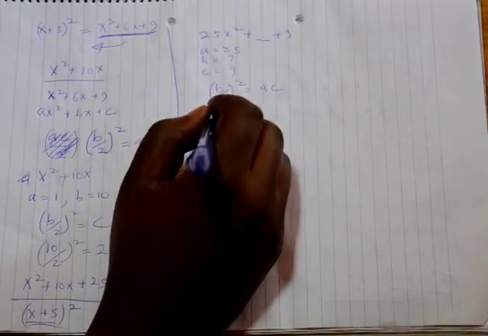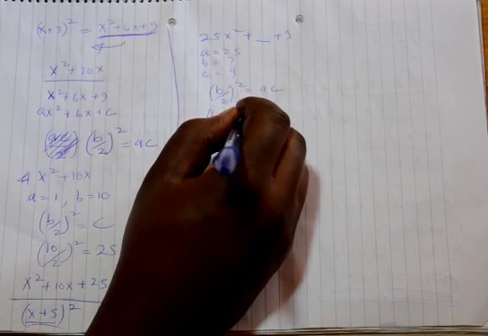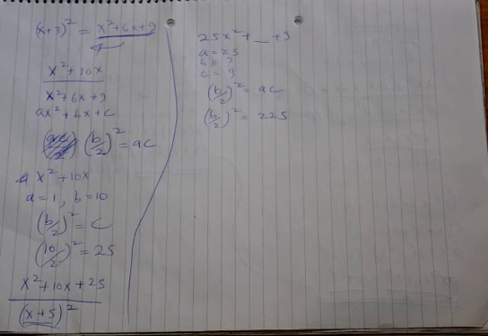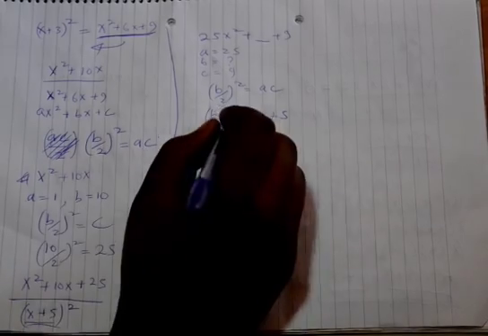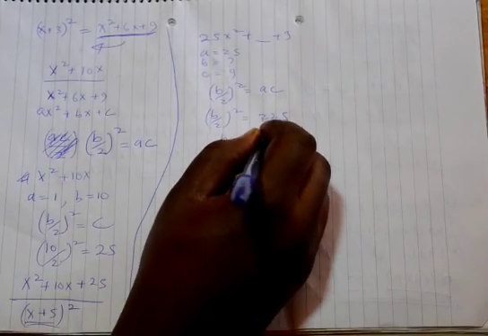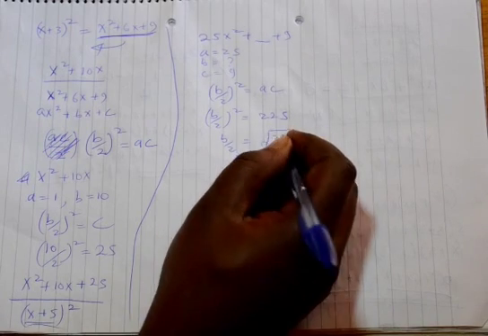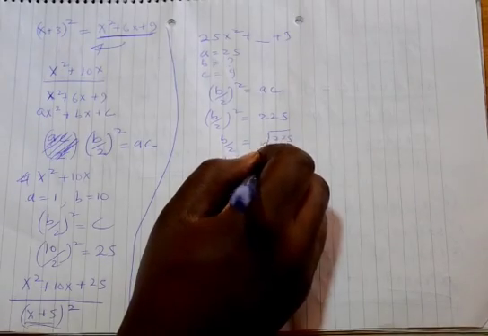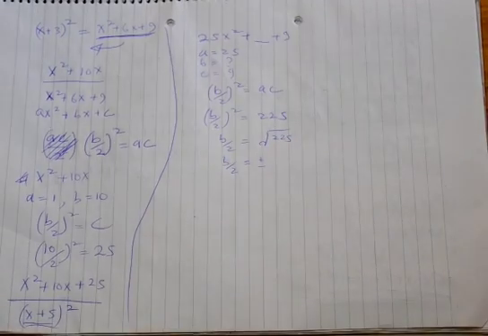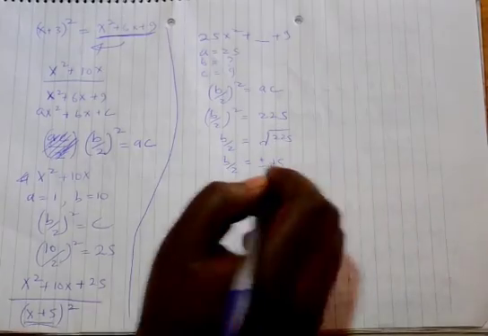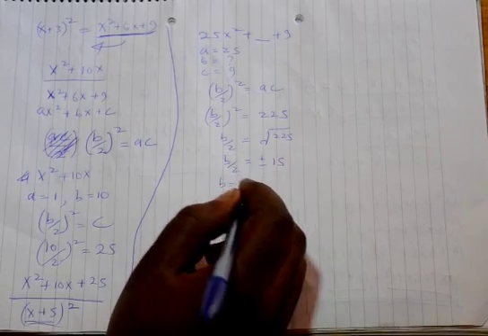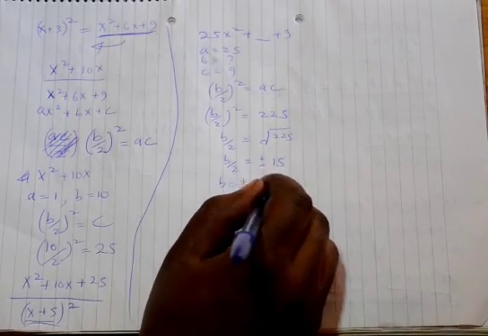So b over 2 squared is equal to 225. Now b over 2 is the square root of 225. Therefore b over 2 is equal to plus or minus 15. The square root of 225 is 15. So b becomes plus or minus, taking 2 to the other side, 30.